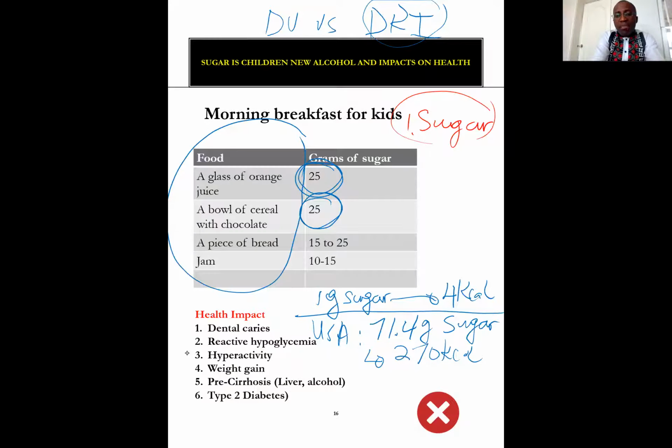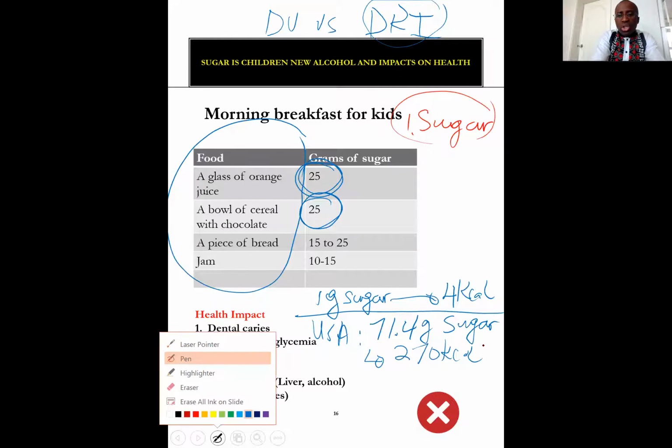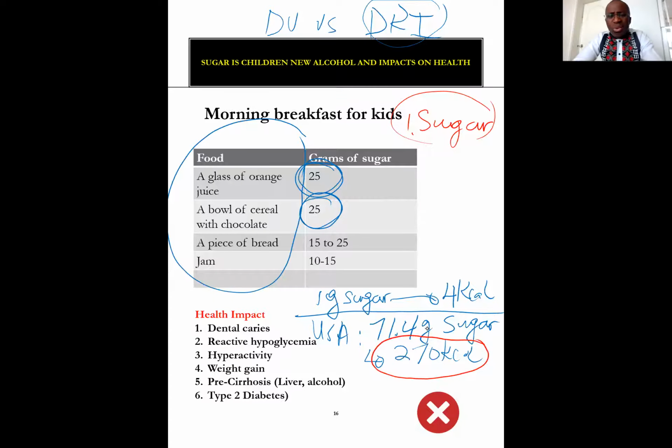So I'm eating already 270 kilocalories here. But what is the average of energy we need every day? Remember, in chapter 1, we said we need an average of 2,000 kilocalories. So if you do the calculation now, you have 270 divided by 2,000 kilocalories.